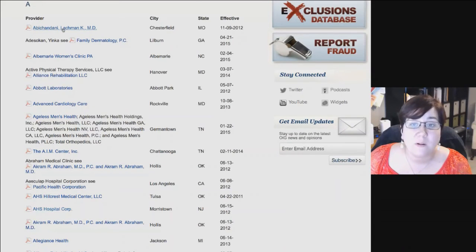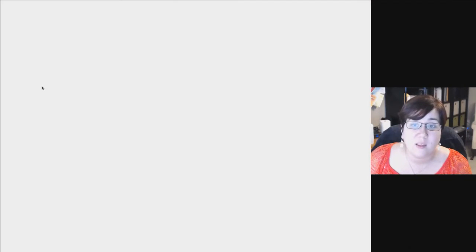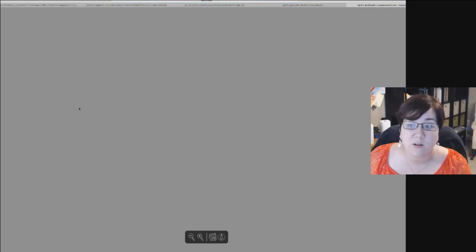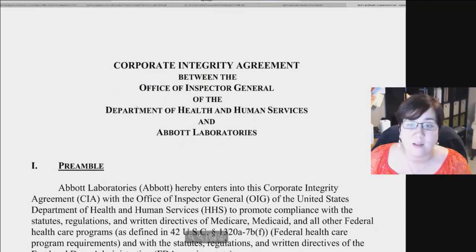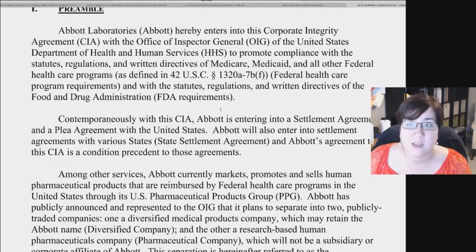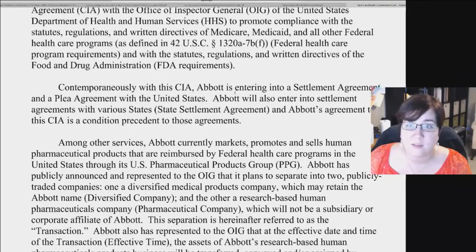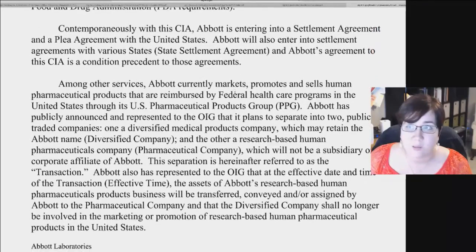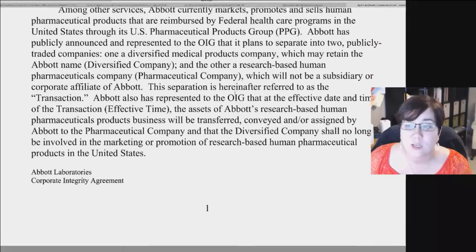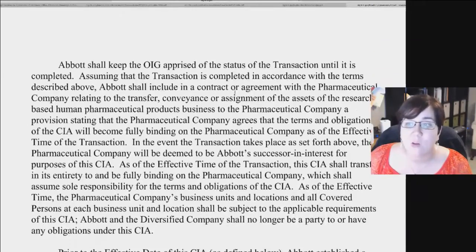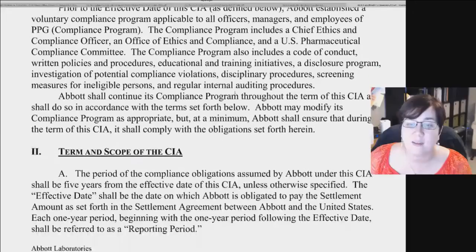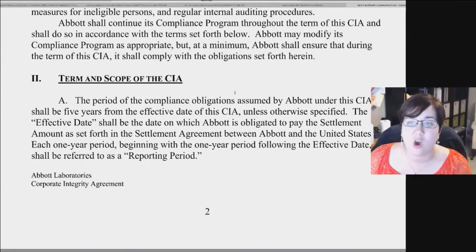They're all hyperlinked. So I can click on one of the corporate integrity agreements and I can read exactly what it says. It explains that they're entering into the settlement agreement and why they're entering into it. And then it goes on to outline all of the things, right? The term and the scope, how long it is, and exactly what they have to do to fulfill the CIA.